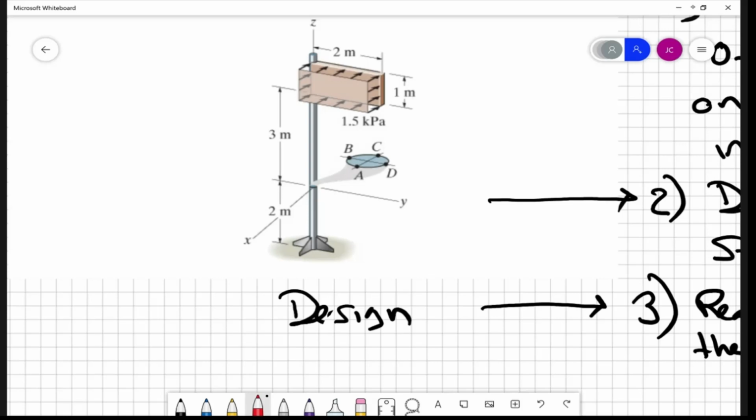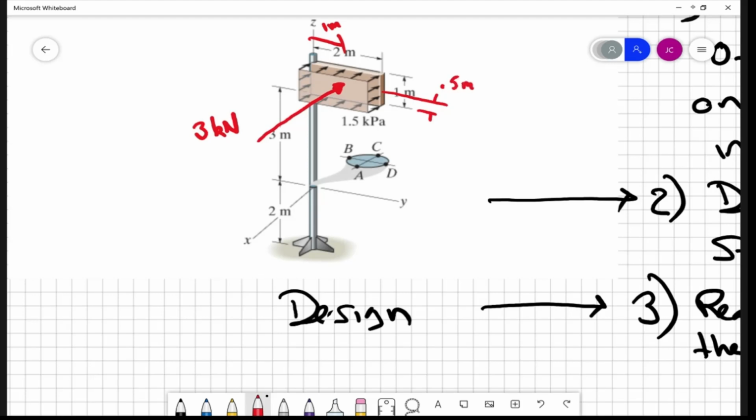So we can consider this easily to be a point load acting right in there. And that point load is going to be the 1.5 kilopascals over the area. So that is a 3 kilonewton force acting right at the center of that sign, right? So that's 1 meter here, and then a half of a meter up, right?